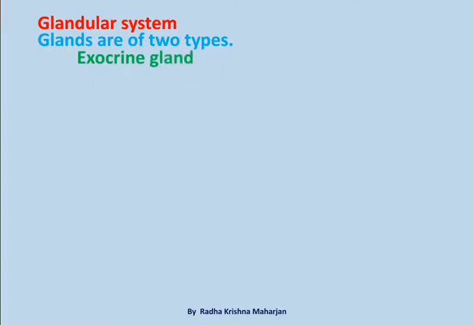Glandular system. Glands are of two types: exocrine gland, endocrine gland. Exocrine gland.